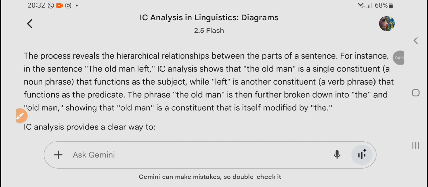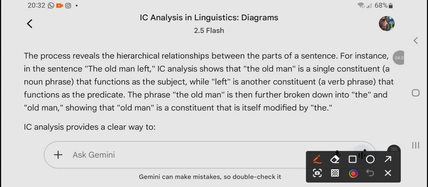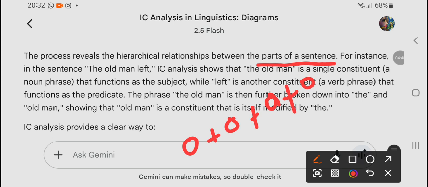The process reveals the hierarchical relationship between the parts of a sentence. There is a hierarchy, there is a system, and through this system the parts of sentences are assembled.